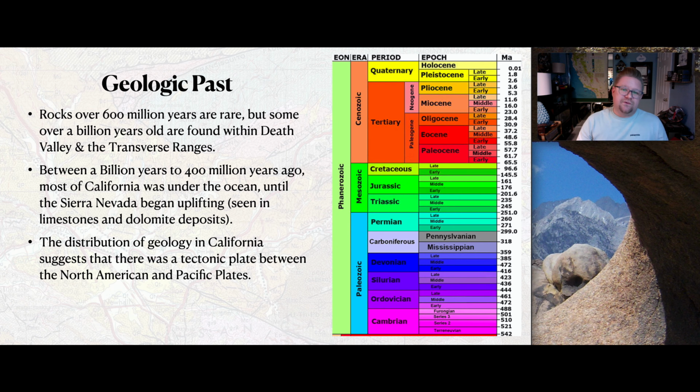Now, there is a very unique story in how California has its shape as it is. As we said earlier in this presentation, for most of California's past, it wasn't even a landmass, it was under the ocean. So, what happened and what was that timeline? That is what we will cover next.